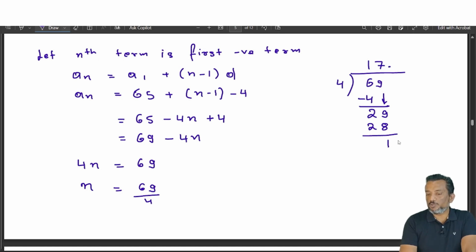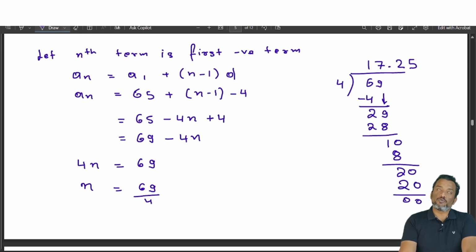So again you can put a decimal here, bring down 0, and you can say 10, which gives 2 and remainder 2, then 20, which gives 5. Now one thing you can remember: will any term come in fraction or decimal? No. So here we are getting 17 over 25, which means you will get here 17.25.